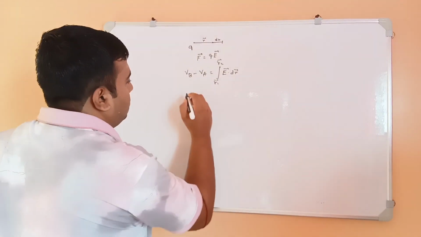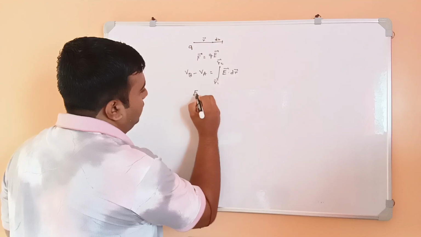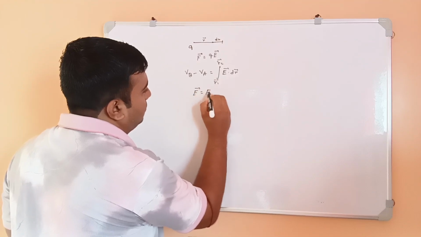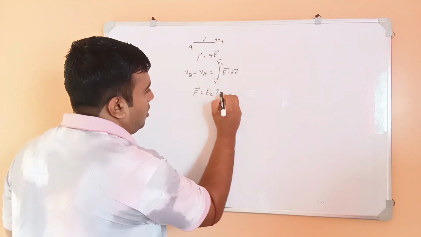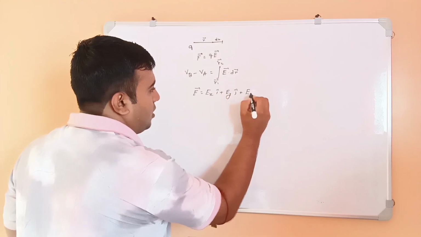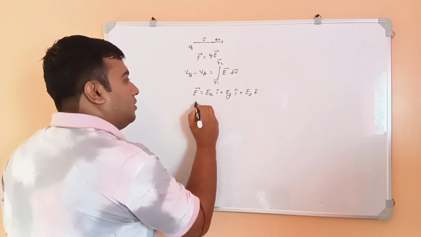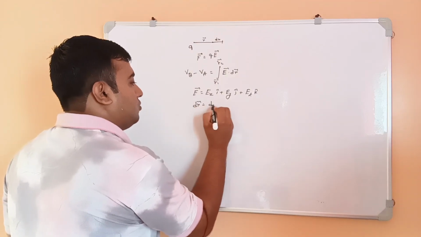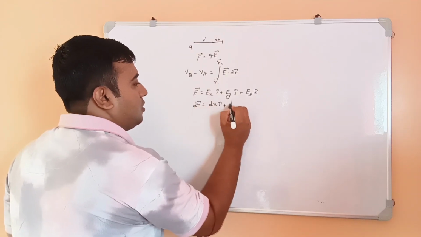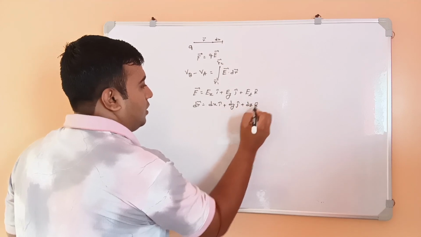Okay, so in Cartesian coordinates we can write the electric field with components Ex i hat, Ey j hat and Ez k hat, and dr is equal to dx i hat, dy j hat and dz k hat.